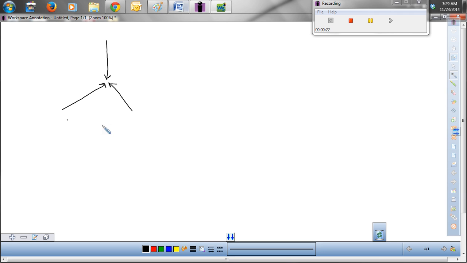Pointed toward the center, the guns are timed to be fired sequentially so that the bullets all collide in the center at the same time and mash into a stationary lump. 2 of the bullets have masses of 4.5 grams. The third bullet has a mass of 2.5 grams and a speed of 575. We want to find B1 and B2. So let's say what we know. We know M1 equals M2 equals 4.5 grams.